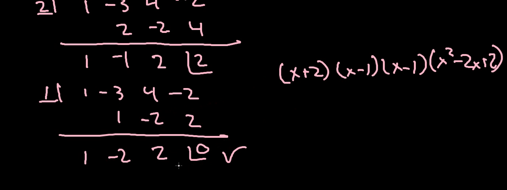But this is what I wanted to get at with this problem: when you get into a situation where you have an x cubed or a higher order function, yet you've run out of zeros to test, what that means is that the only possibility, because we know that we had an x to the fifth function, we know it's going to have 5 zeros.